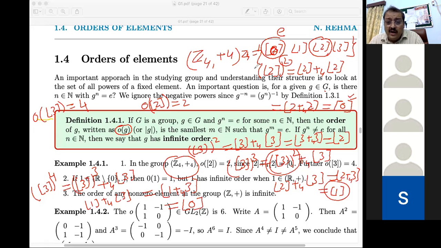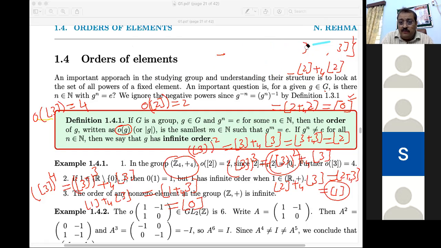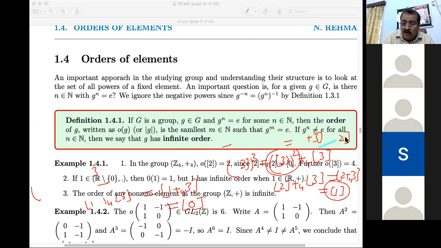So we calculated that the order of 2 is equal to 2, and the order of 3 is equal to 4. Now if we try to find the order of 1, what is the order of equivalence class 1?